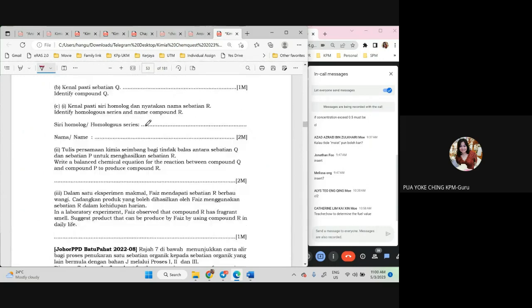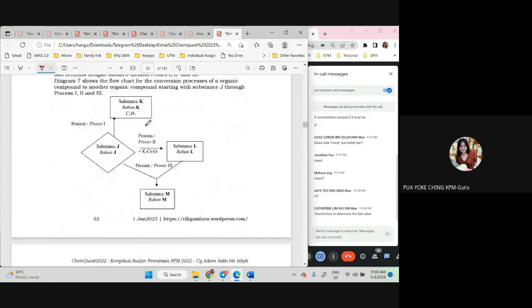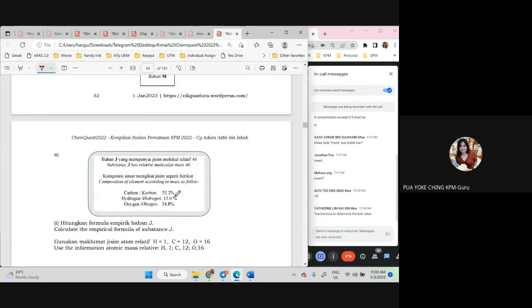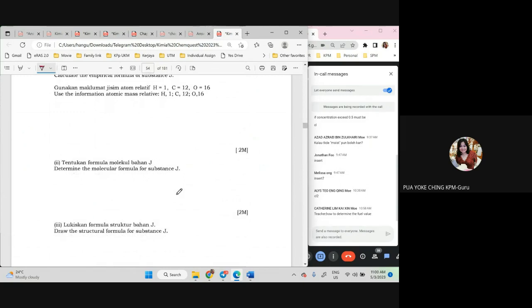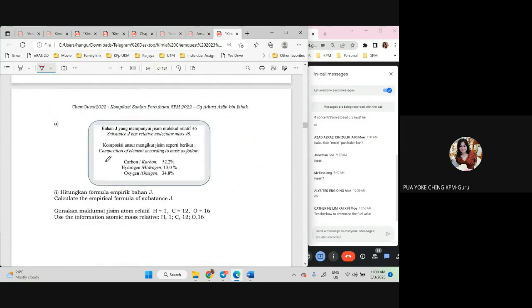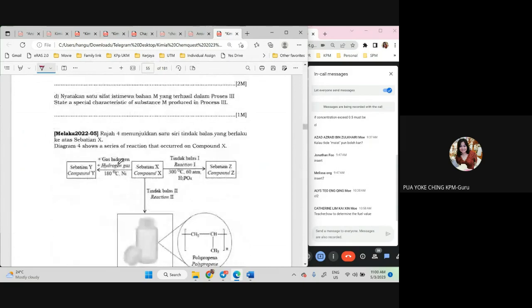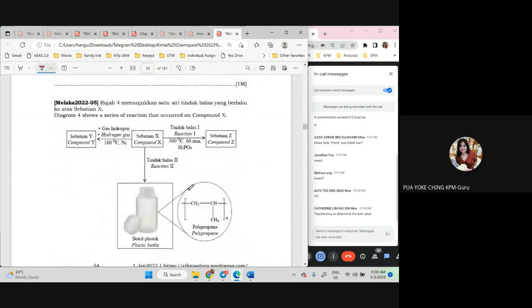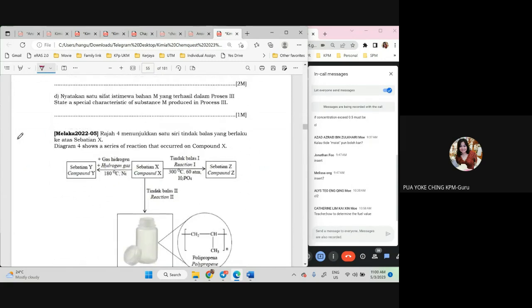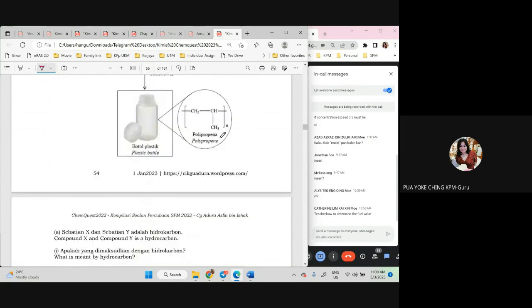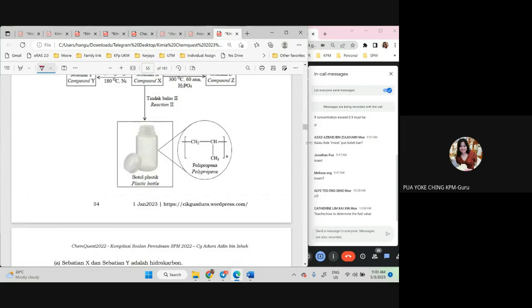Okay, so if you check carbon compound, soalan dia is always the same. Kalau you tengok, is always the diagram, and then mungkin some of them combine with your molecular formula. Cuma this one dia combine with monomer and polymer. Okay, polymerization. So, kalau tengok soalan Melaka ni, dia ada polymerization. You have polypropene.